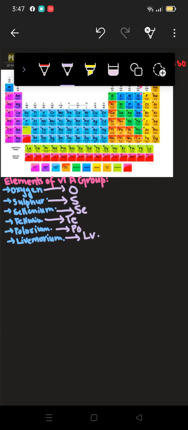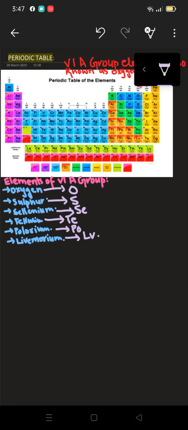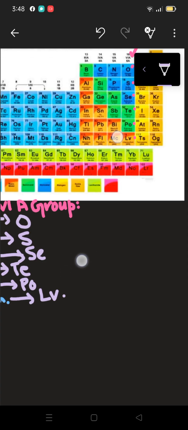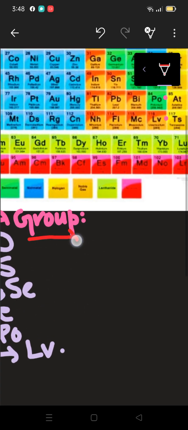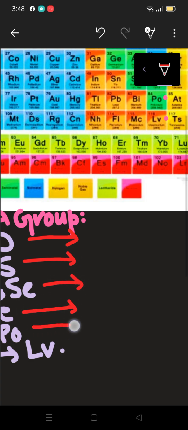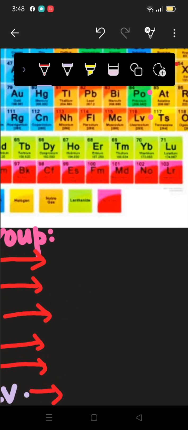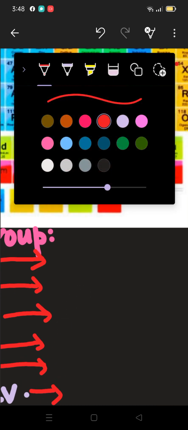Alright, so let's talk about the atomic numbers, what atomic numbers they have. So let me make the arrows first. Here I'm making the arrows. I'm going to write the atomic number with this color.